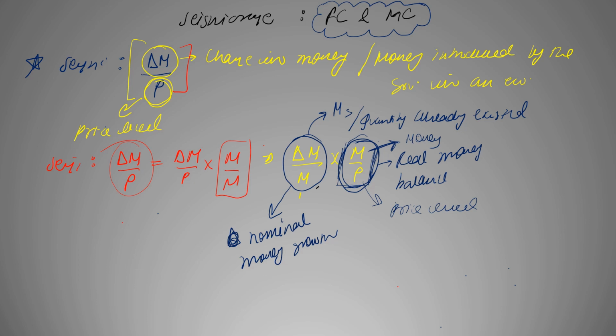Now to make things a bit simpler, we are going to introduce one more term to this formula. Now we just learned that Seigniorage is equal to delta M by M into M by P, right?